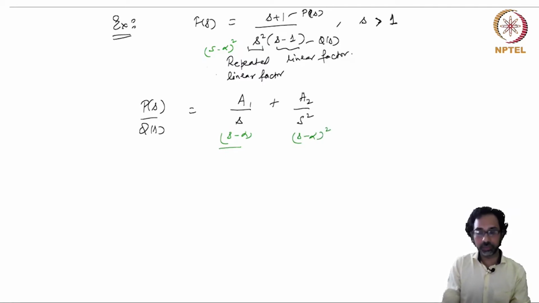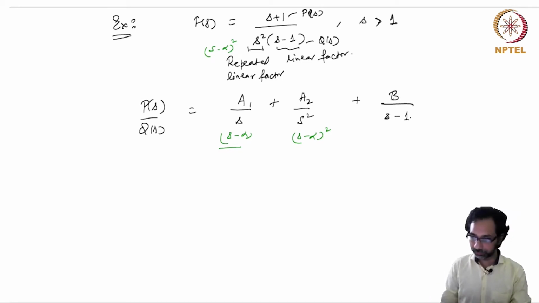So for each repeated linear factor of power 2, you have two terms, one with the first power, one with the second power, but in the numerator both are constants, there is no s in the numerators. And then you have the linear factor, which is b over (s minus 1).